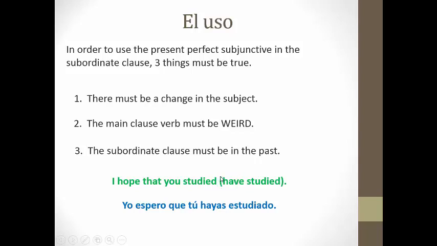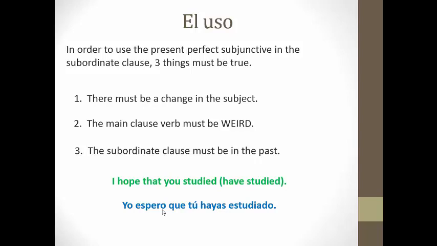Therefore I have to use present perfect subjunctive. So let's look at that. It says here in English, I hope that you have studied, or I hope that you studied. In Spanish, you would say, espero que tú hayas estudiado. Okay, hopefully that makes sense for using the present perfect subjunctive.